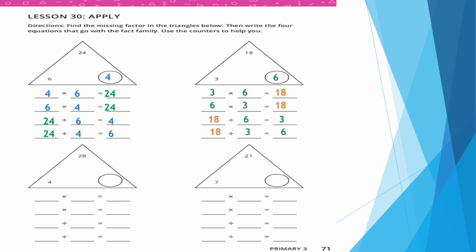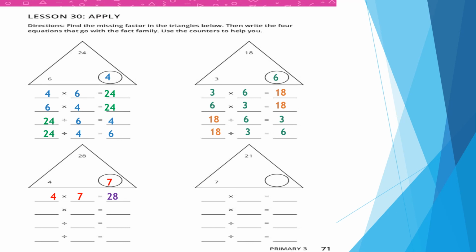The next one we have 4 and 28. Which number can complete this family? 4 times what equals 28? 4 times 7. So the first equation, 4 times 7 equals 28.